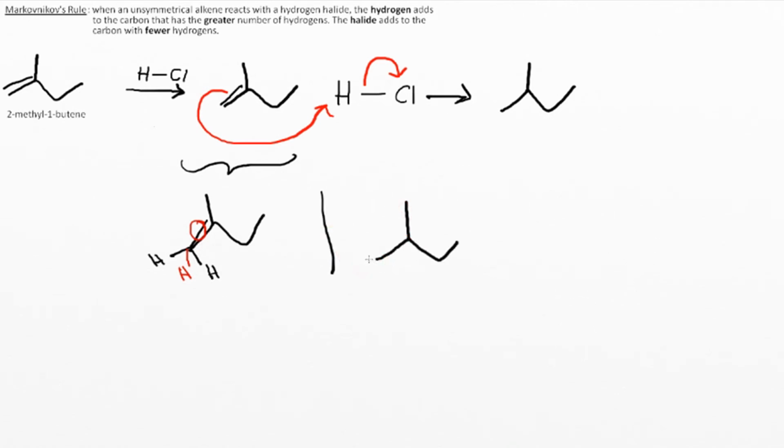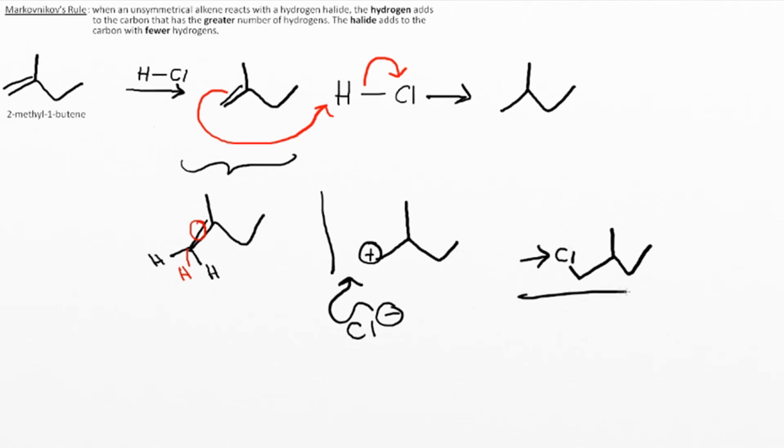If we didn't follow Markovnikov's rule and we said that the hydrogen added over here, then we would have a plus charge on this, which is not stable at all. As you know, it's a primary carbocation, and then the chlorine would attack over here, and we would get a final product that looks like this. But again, this is not formed because this is not following Markovnikov's rule.